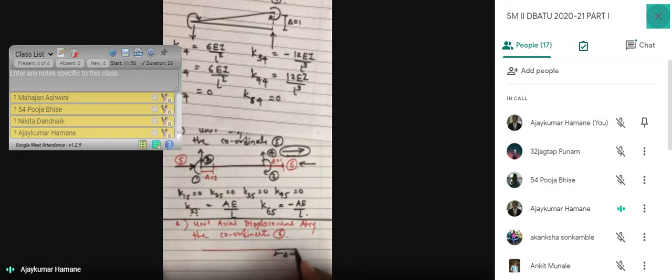So when we have to apply the force like this, okay, 6. So this gives us in opposite direction.